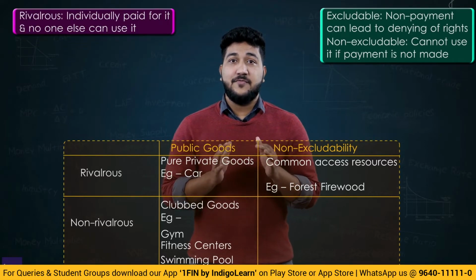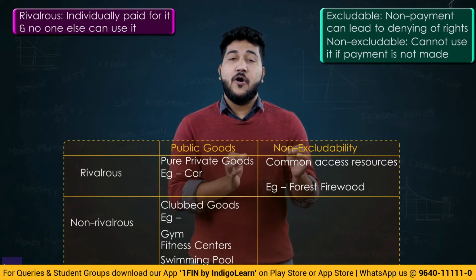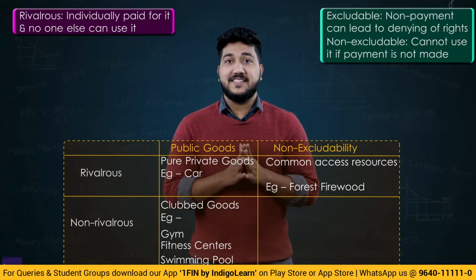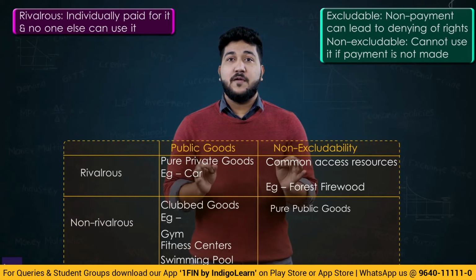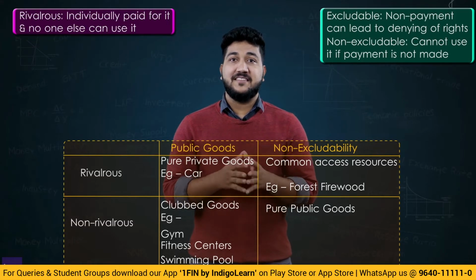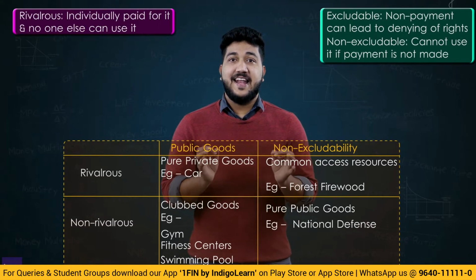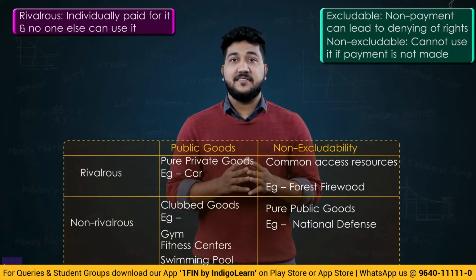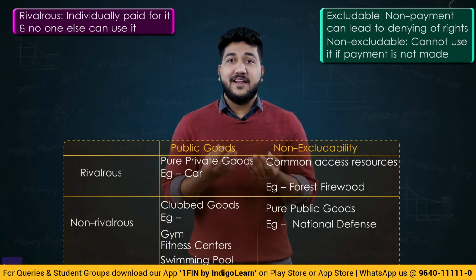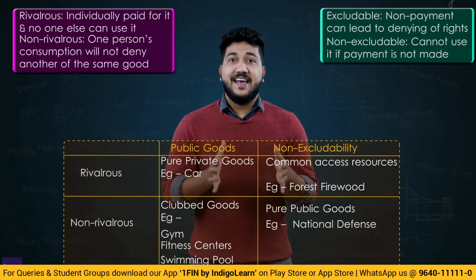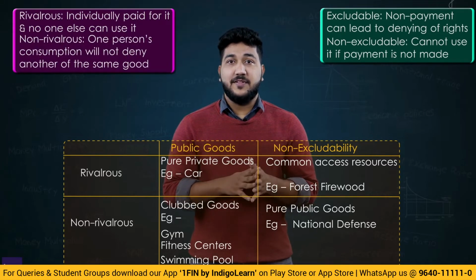The last intersection is of non-rivalrous and non-excludable. Please understand, these are called pure public goods. The best example for this is national defense, in the sense that if there is a military for the country, they are protecting the citizens of the country.